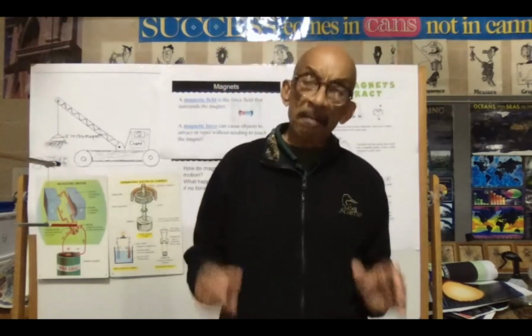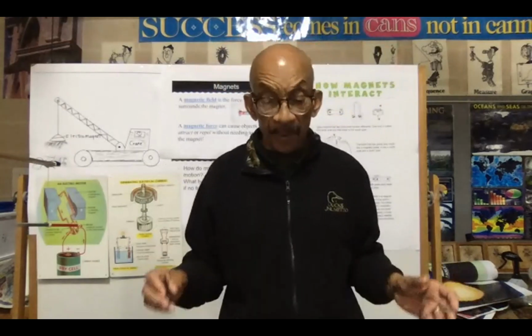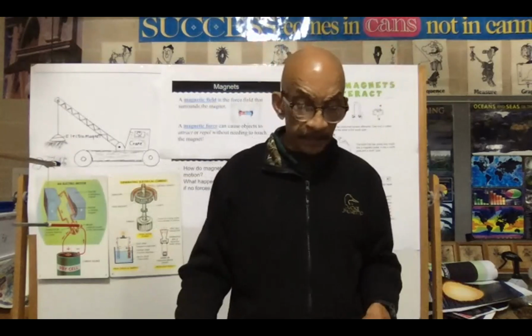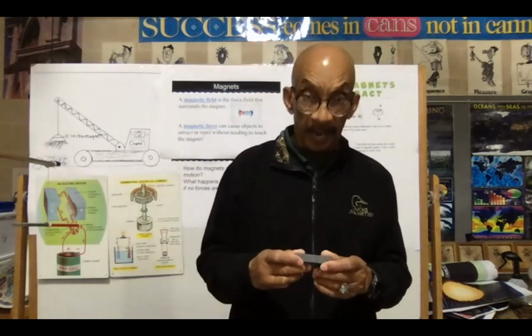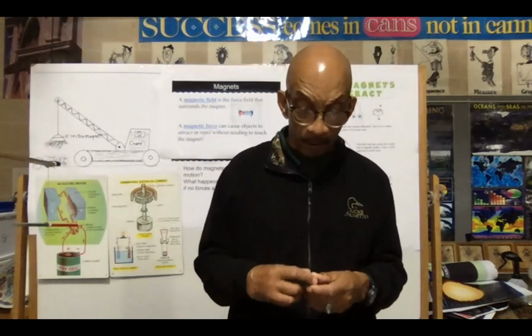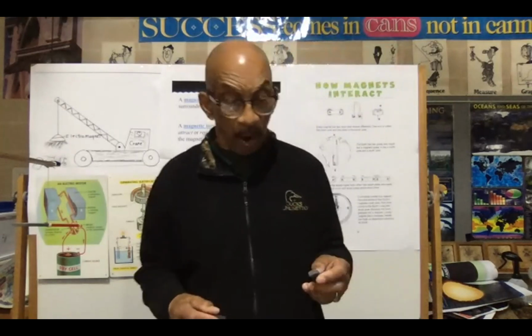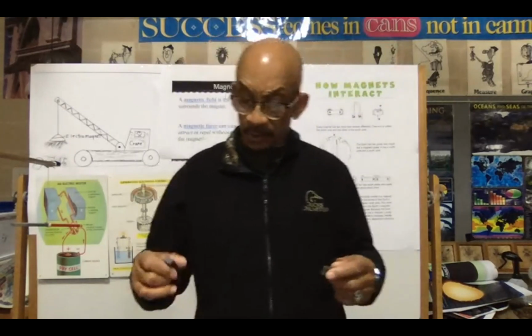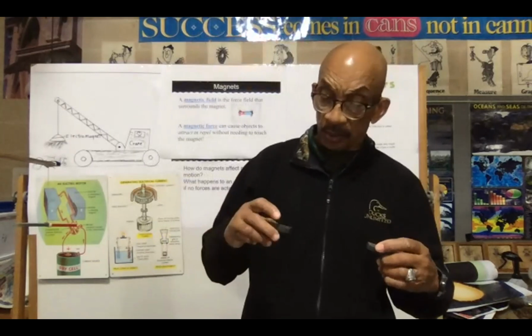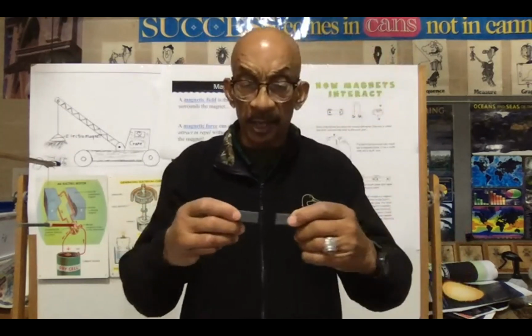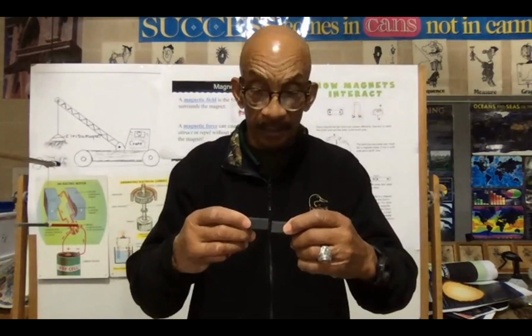Now, sometimes they will even give a pushing action. For example, we know that it has the poles, North Pole, South Pole. If I take these two small bar magnets and I match the North Pole of this one to the North Pole of this one, we're going to see that they repel each other. They push away.